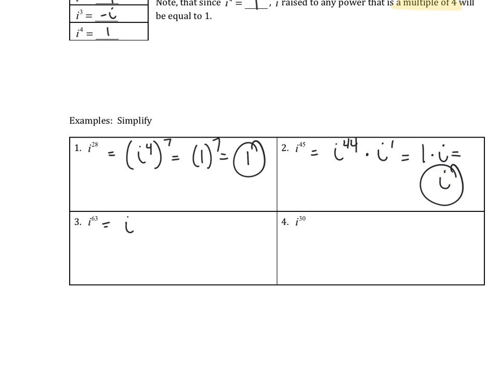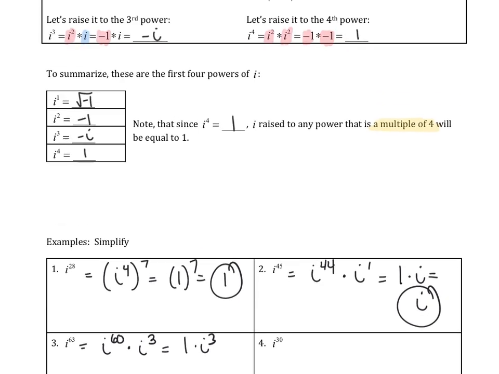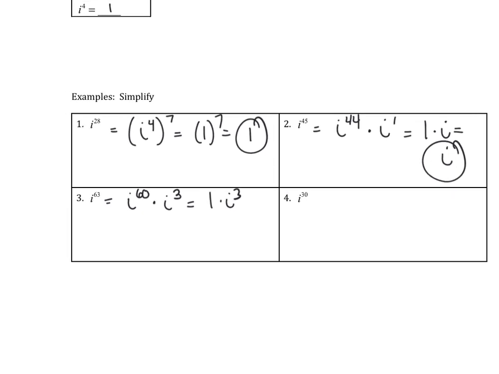So I can break this down to be i to the 60th power times i to the third power, because 60 plus 3 is 63. So i to the 60th power is just 1. And then i to the third power, if we look at our power list, is negative i. So 1 times negative i is negative i. So your final answer here would be negative i.